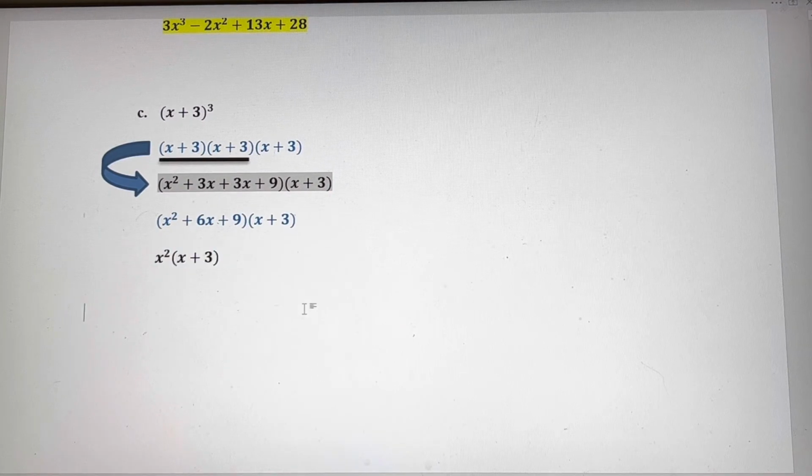So I've got x squared times this binomial x plus 3. Then I've got 6x times x plus 3. And then I've got 9 times x plus 3, okay? So we're distributing 3 times here. If the trinomial comes first, you can do that and distribute 3 times, all right? So I'm not going to do the arrows here. When I multiply x squared times x plus 3, I get x cubed plus 3x squared.